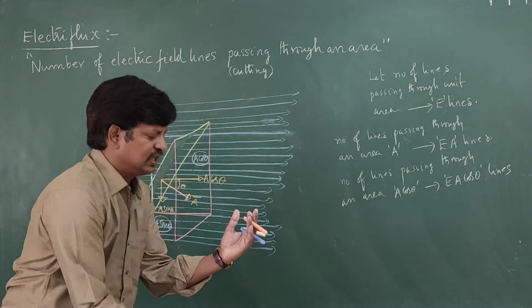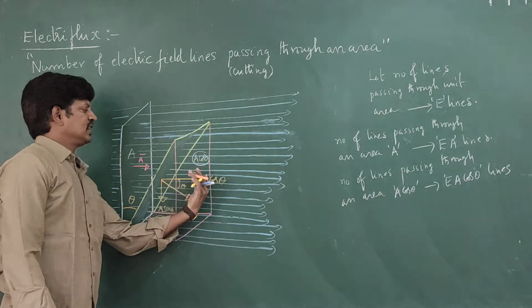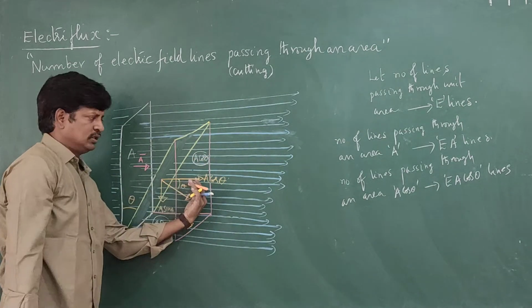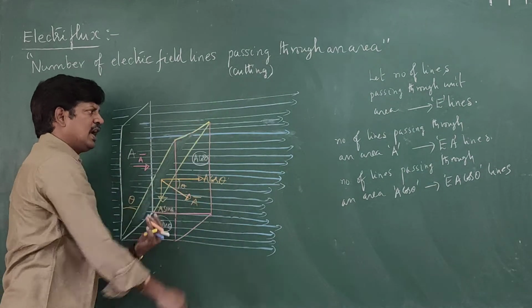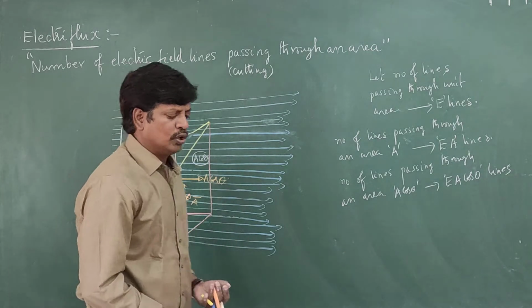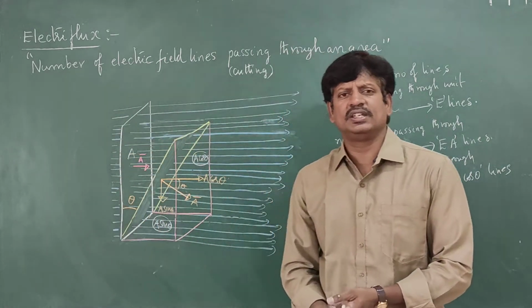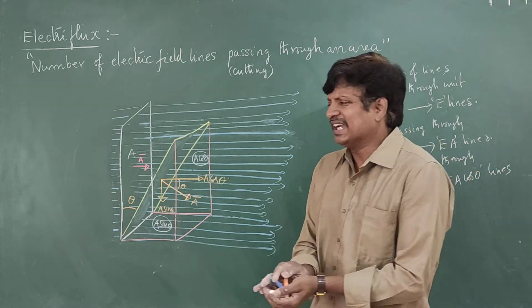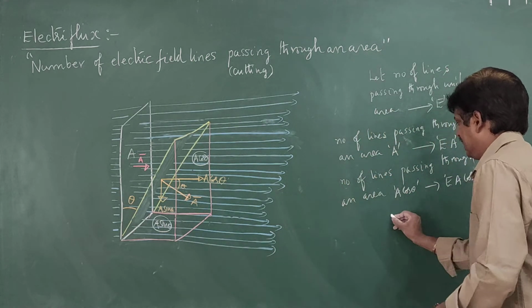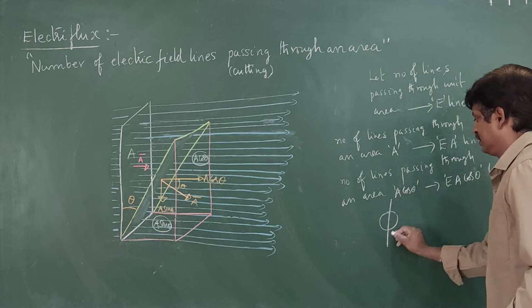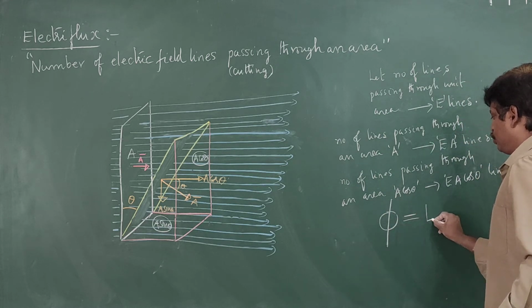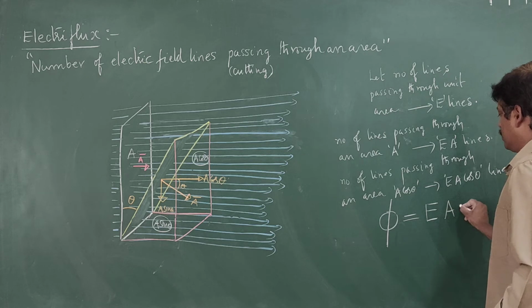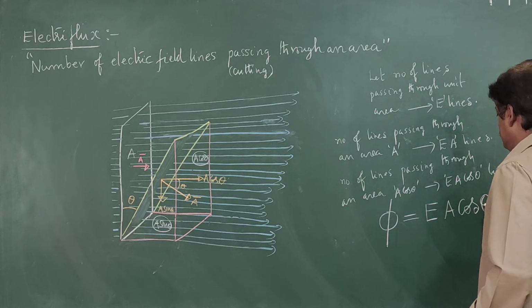So the total number of lines crossing the area is EA cos theta, and that is what we define as electric flux. So electric flux through an area is equal to EA cos theta.